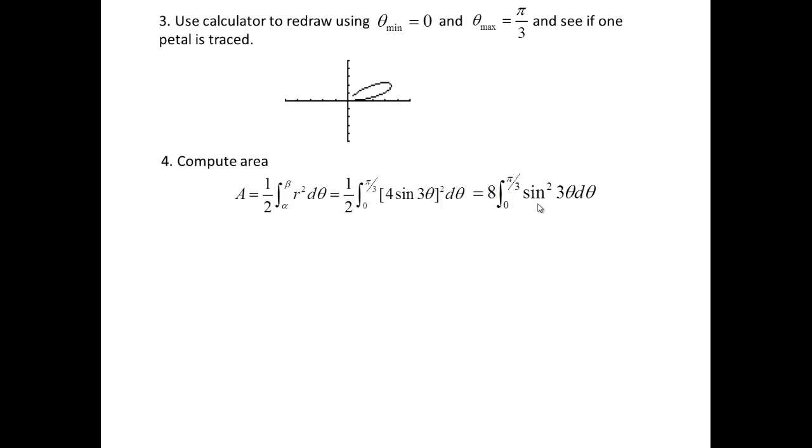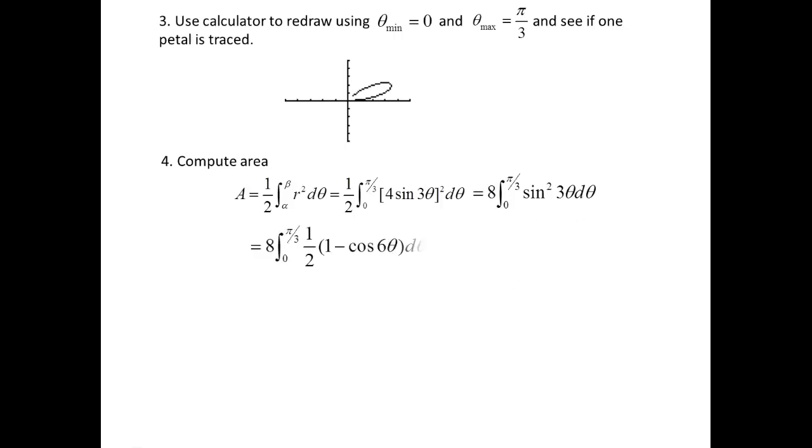Folks, as we saw a while ago, this is a trigonometric integral. It's a sine squared 3 theta. We have to remember the identity, the power reducing identity for sine squared x. Remember, sine squared x equals 1/2 times the quantity 1 minus cosine 2x. We're going to use that identity next.